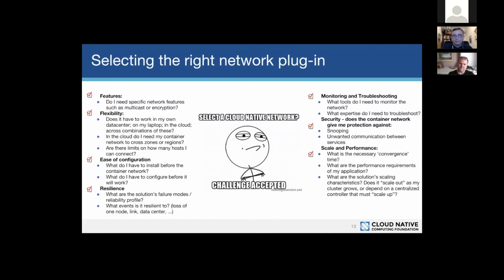Do you want to take the right-hand side, Christopher? Sure. And again, sort of dovetailing into resilience is monitoring and troubleshooting. Are you going to be able to troubleshoot and monitor and understand what's going on in the infrastructure with the skill sets you have?